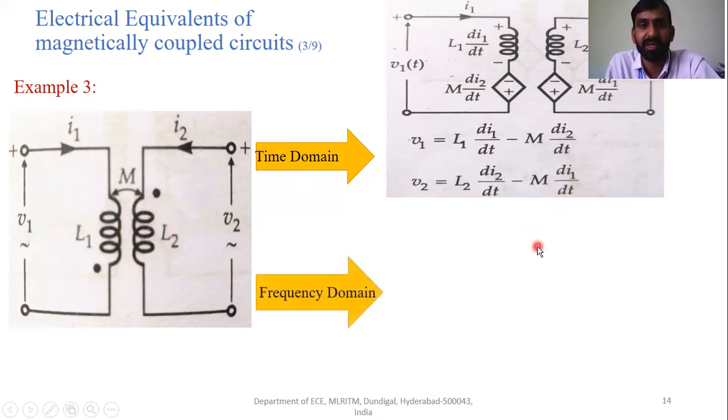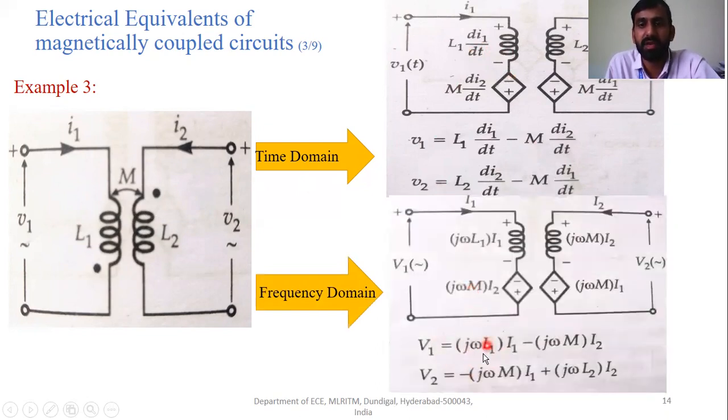Similarly, in the frequency domain, just multiplying each and every term with j 2 pi f, we are going to have V1 is equal to j omega L1 I1 minus j omega M I2, and V2 is equal to j omega L2 I2 minus j omega M I1.